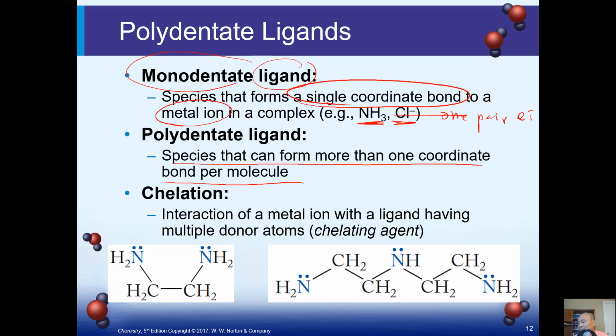For example, for this ethylene diamine, in this structure, apparently each nitrogen can donate a pair of electrons. So this is actually a so-called chelating agent, because it can provide more than 1 pair of electrons, and it's called a polydentate ligand as well.